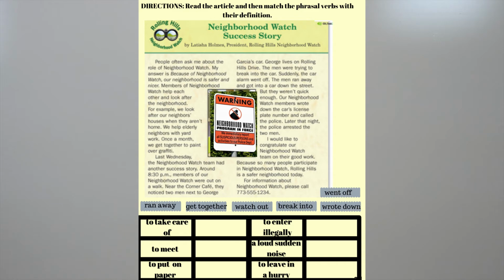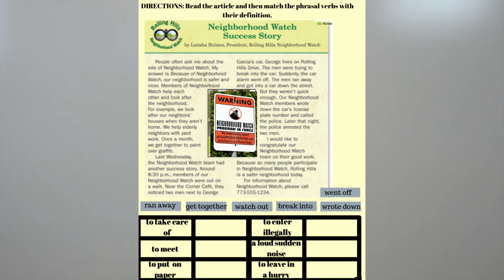So class, did you notice the phrasal verbs in this reading? You'll see that below the passage, there are several phrasal verbs I've pointed out for you. We have went off, ran away, get together, watch out, break into, and wrote down.